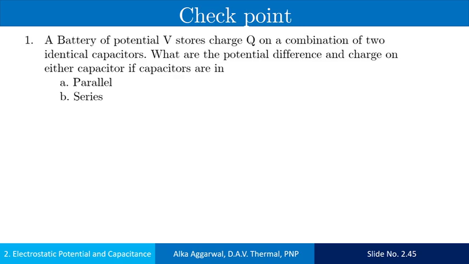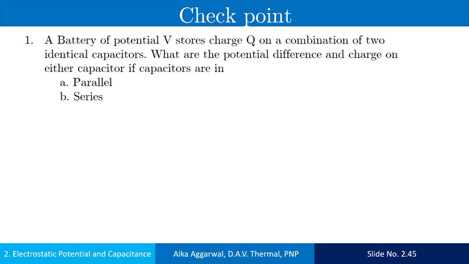A battery of potential V stores charge Q on a combination of two identical capacitors. What are the potential difference and charge on either capacitor if capacitors are in parallel and in series? When they are in parallel combination, potential is same and charge is divided equally as the capacitors are identical.